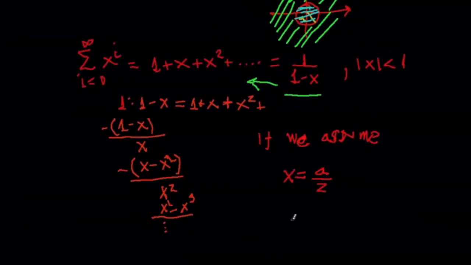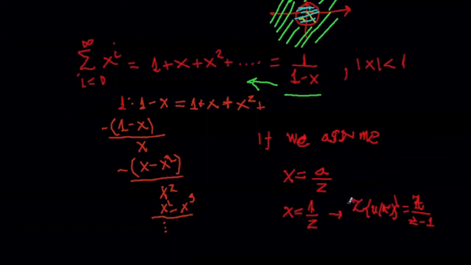Or if we assume that x is 1 over z, we obtain the Z transform of the unity function, that we saw in the last lecture, which is z over z minus 1.